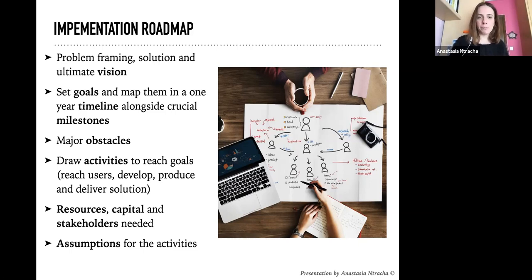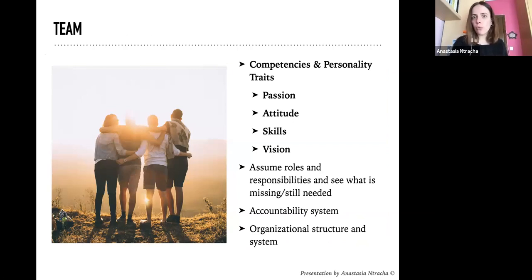And then you go and look into your team, something that you hopefully have done before this whole process. You have analyzed what are the competencies and the personality traits of your team members, if they're passionate, what is their attitude like, are they flexible, are they open-minded, what are their skills, hard skills and soft skills, are they complementing each other, what is their vision, are they here because they want to see the startup reaching its end goal, or are they just here to gain some experience, which is also something valid.